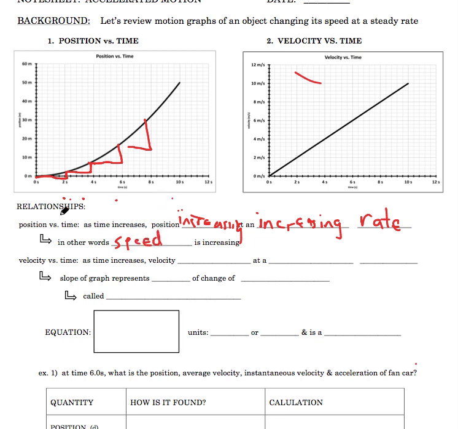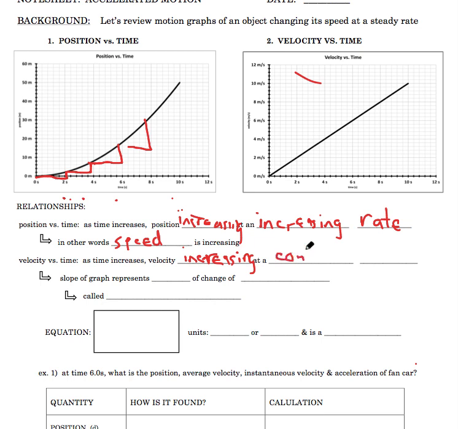Now let's look at the velocity time graph. Again, when we look at it, we can see something's going up. It's not position per se, because we can't see position directly, but we see that the velocity is increasing. Now what does the line tell us? Well, the rate at which it's increasing is constant.